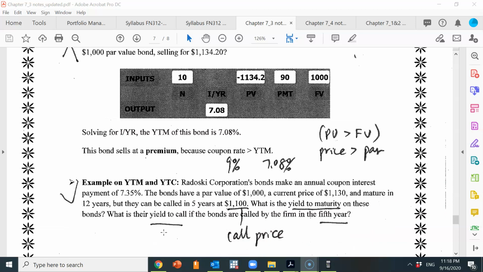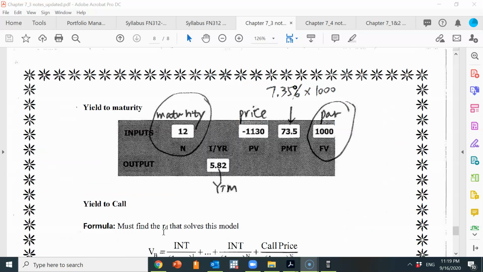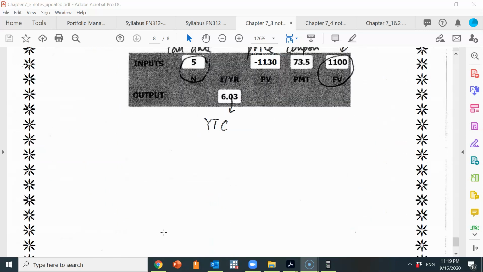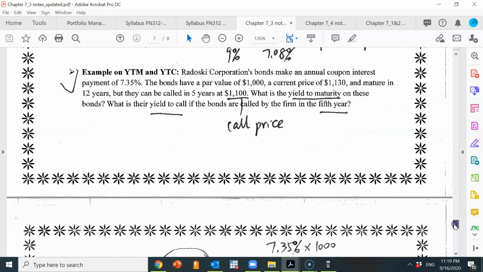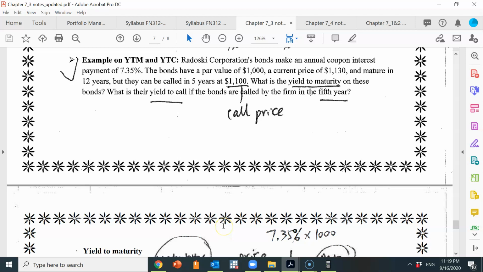Okay, our last question in this video, or in Chapter 7, Class 3, is about solving for yield to maturity and yield to call. Now we have a bond which has a call provision. It has an annual coupon interest payment of 7.35%, par value 1,000, current bond price 1130.